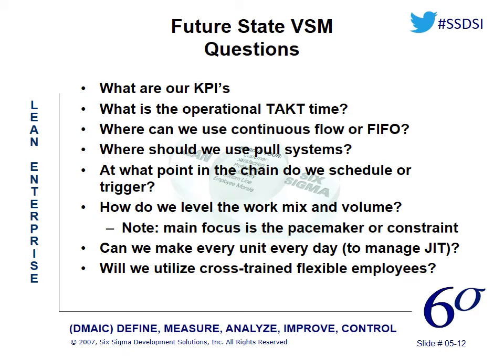And in my Lean class, in our Lean agent class, we talk about both pull and Kanban. Both of those can exist without each other. All right, they're two methodologies that work in synergy. So where can we use those pull systems? Where can we pull instead of push? At what point in the chain do we schedule or trigger?